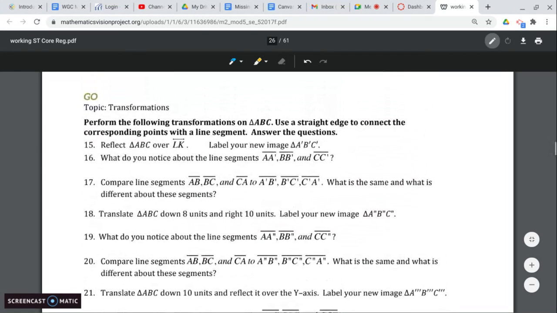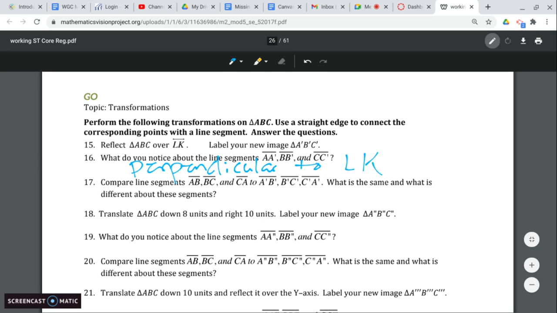They are perpendicular. So anytime we reflect over a line, the lines that connect the original point to the new point, that line is always going to be perpendicular to the line of reflection.